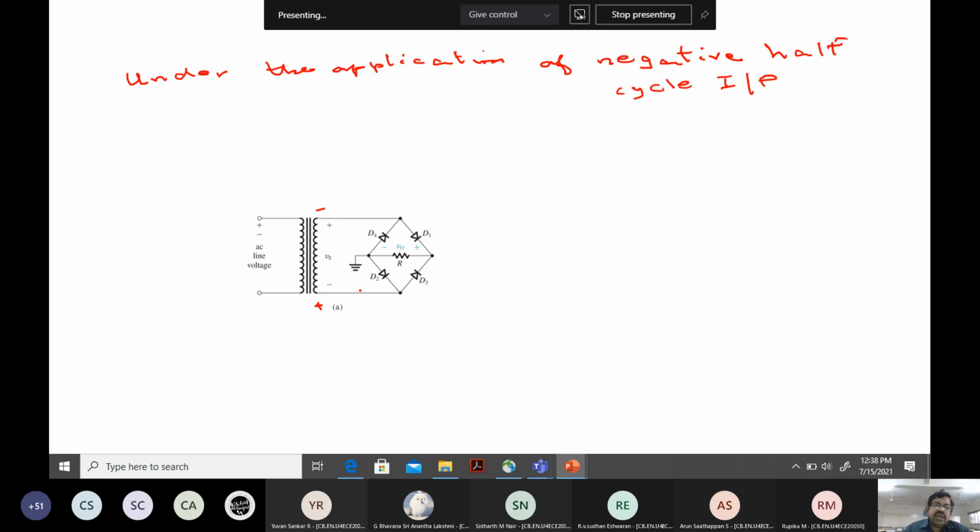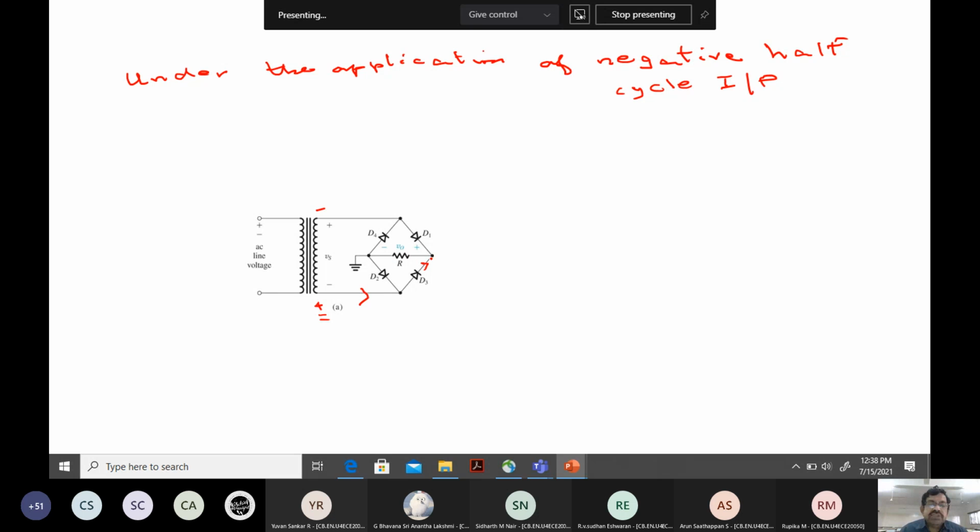The current obviously will flow like this. Here there is a positive potential, because whatever voltage is there will be seen. So D3 will conduct, and the current will not flow through D2, but rather it will be like this.